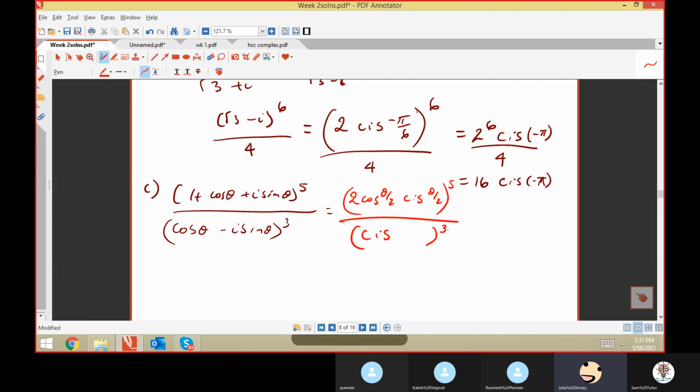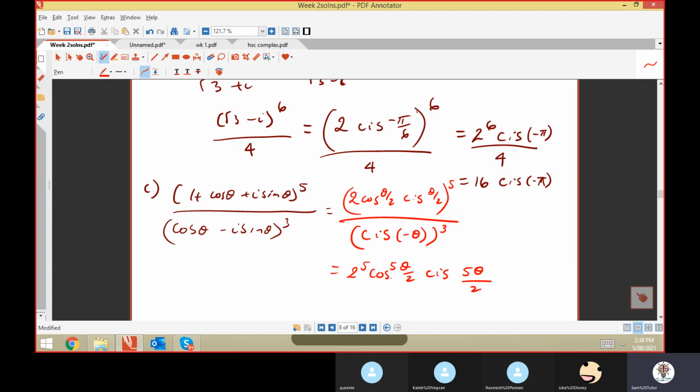Oh, cos minus theta plus I sine minus theta, which becomes cis negative theta. Good job. And then power of 5, 2 to the 5, cos to the 5 theta on 2, cis 5 times theta on 2.